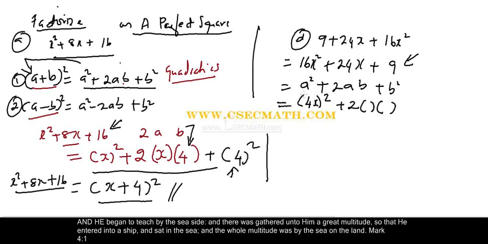Obviously the first component, if a happens to be 4x, so that its square would give us 16x squared. The first component where I see a should have 4x.